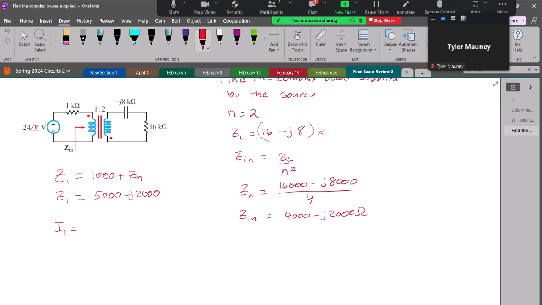I1 equals 24 angle 0 over 5,000 minus j2,000.